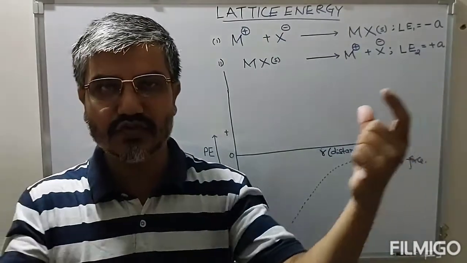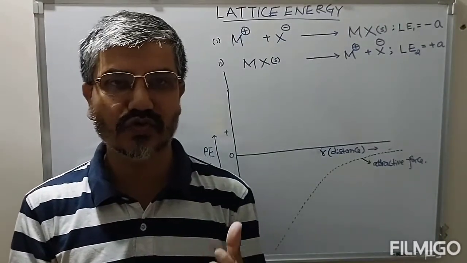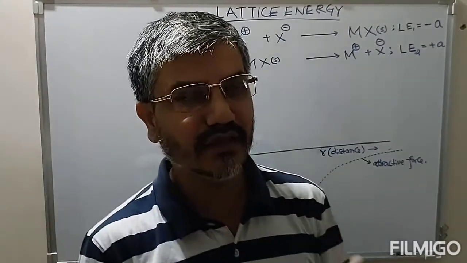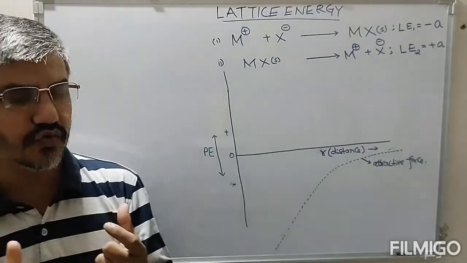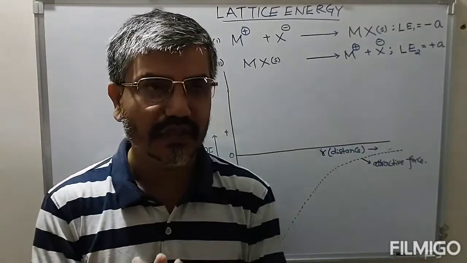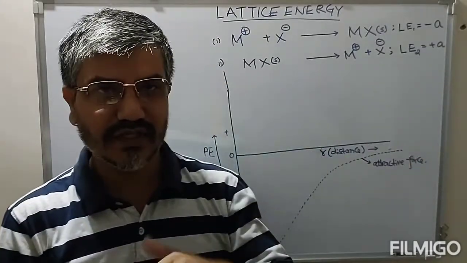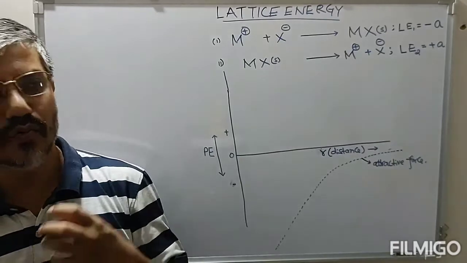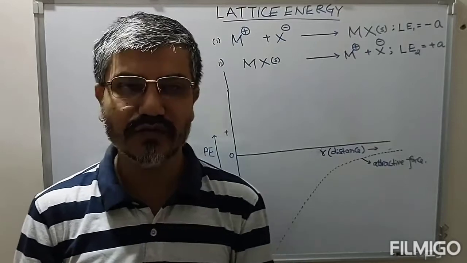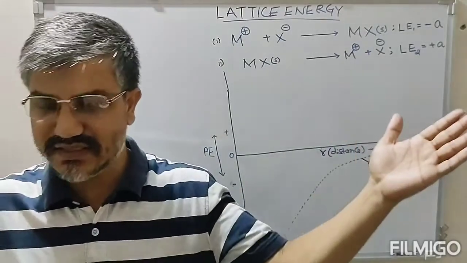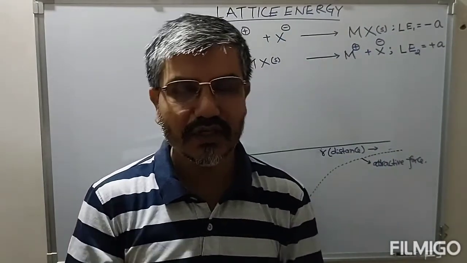As the distance between these two decreases, the repulsion between the electrons of X^- and that of the M^+ ion will increase. As the repulsive force increases, the potential energy of the system will also increase. Now take the other way around. Both these ions also have a nucleus, and the nuclei of both have the same charge. So as the distance decreases, the repulsive force between the nuclei also increases.